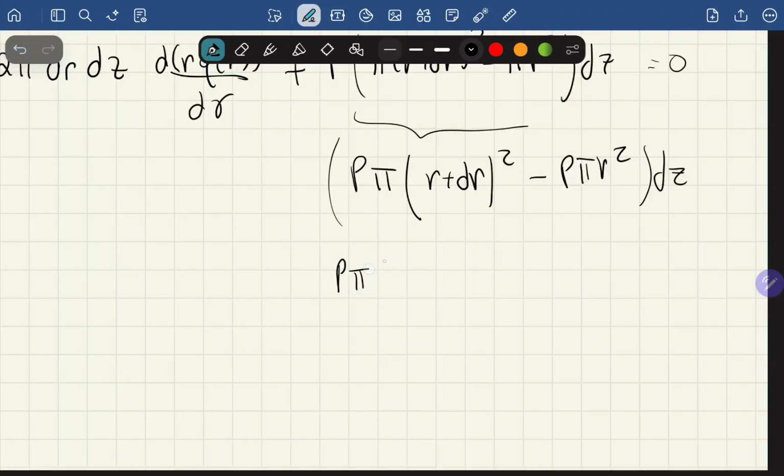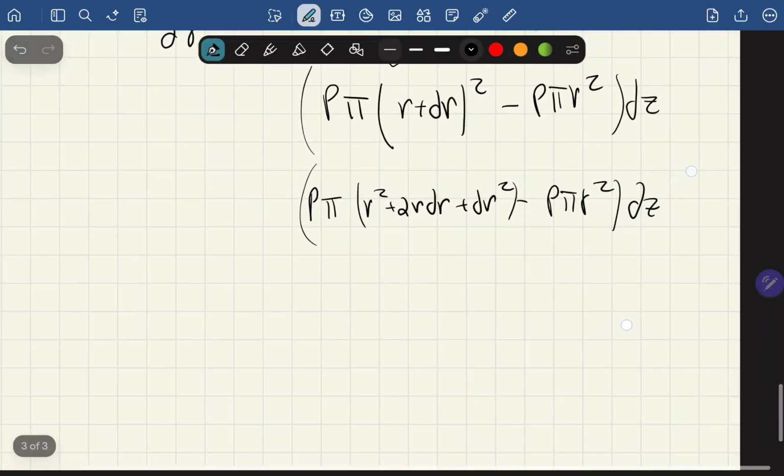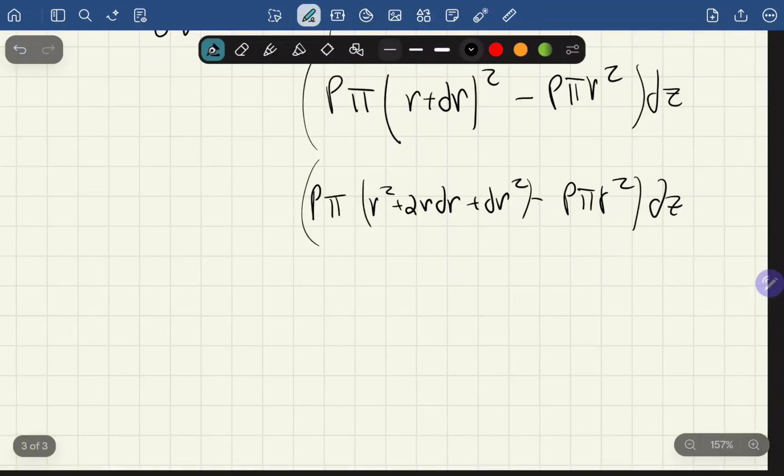So this would be p pi times the expansion, minus p pi r squared dz. Hopefully I'm not making any mistakes here. Okay, so this one goes out, and this one's too small, so this just becomes 2p pi r dr dz, right?